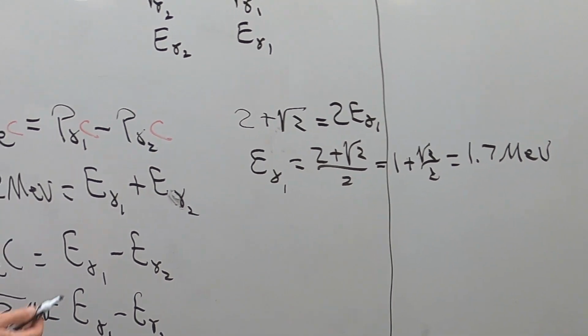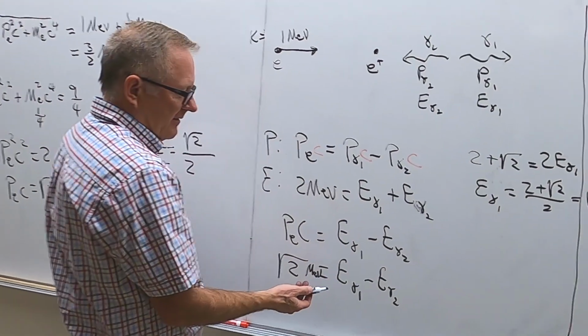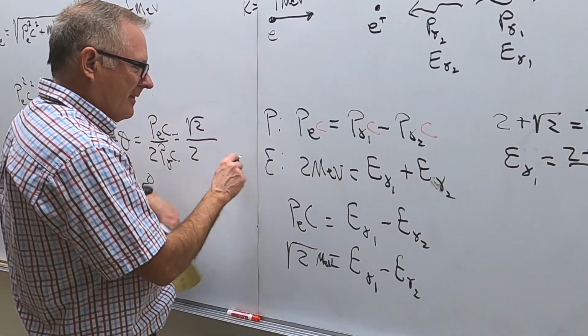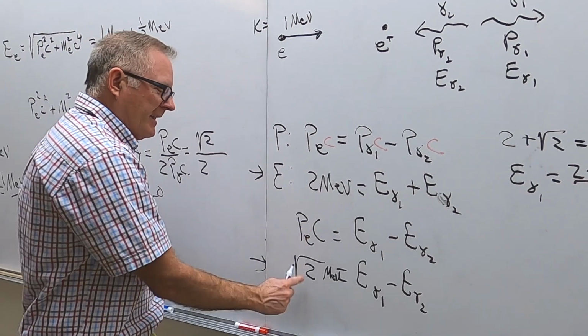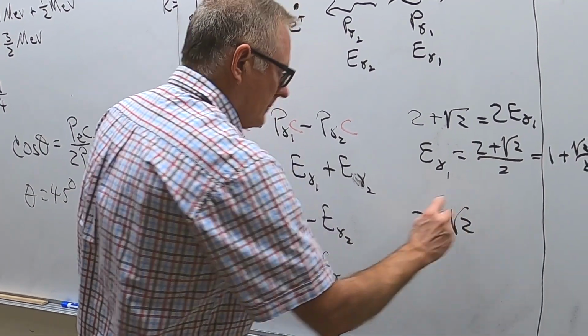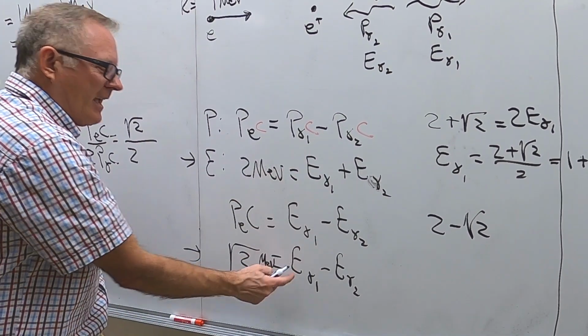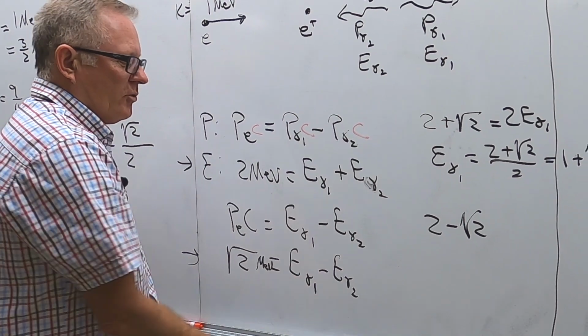And then if I wanted to get the other one, I would just subtract the two equations. Take this one and subtract off that one, 2 minus the square root of 2. If I subtract them, the E gamma 1s are gone, and you get 2 E gamma 2.